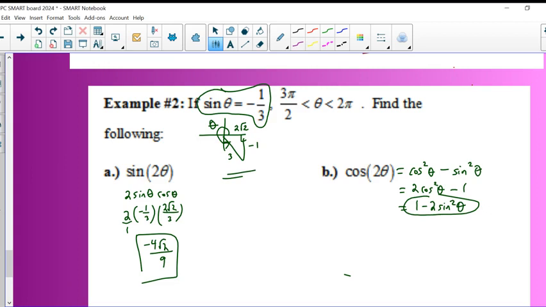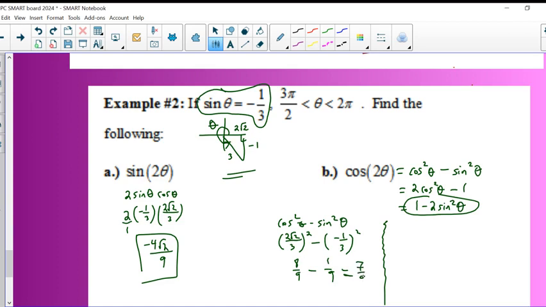So I might do 2 just to show that it doesn't matter. I might do the one that maybe most students would have come up with just because I think that's the first one they remember. So I can look at my value, 2 root 2 over 3 squared is my cosine value, minus sine squared, which is negative 1/3 quantity squared. So that becomes 8/9 minus 1/9, which equals, that was nice, 7/9.